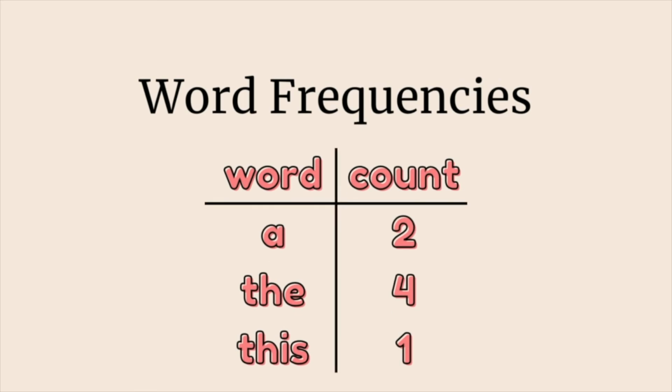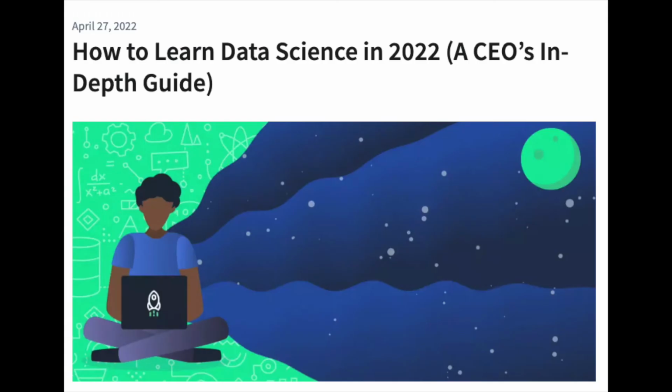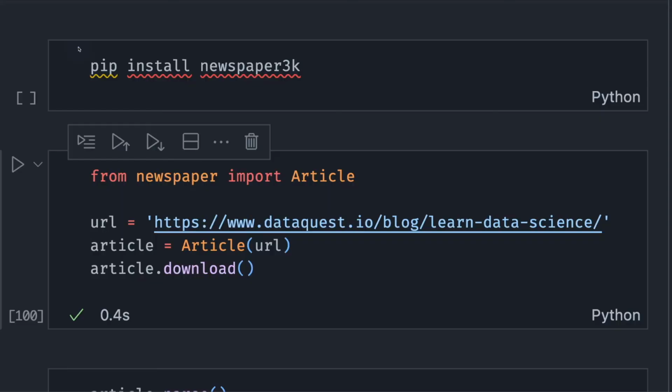TextBlob also allows you to count the word frequencies in your text easily. Let's try this feature out by analyzing the word frequencies in an article of Dataquest called How to Learn Data Science in 2022. To import the content of the article, we're going to use newspaper3k.